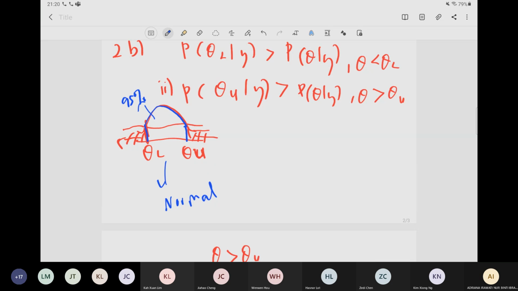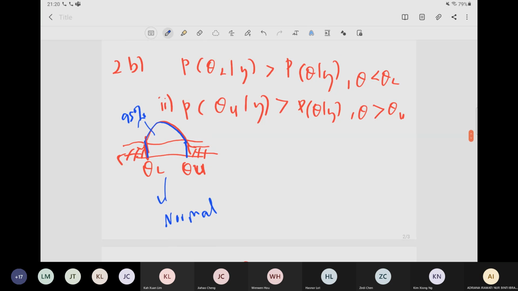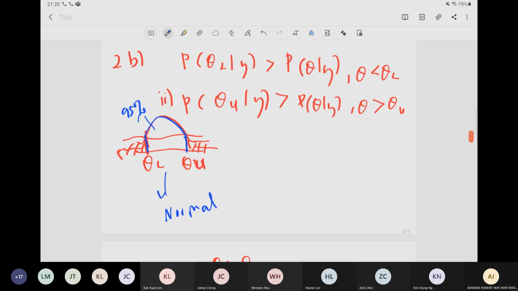But for a unimodal but not symmetric distribution, we would have to show that shifting the interval maintains 95%. It's more complex. As long as it's not symmetric, then you cannot; it's hard to show that.